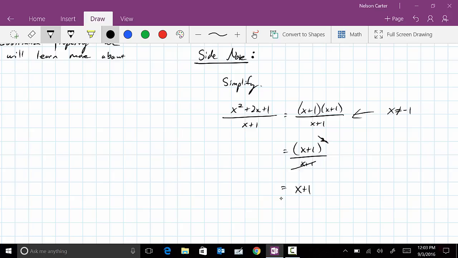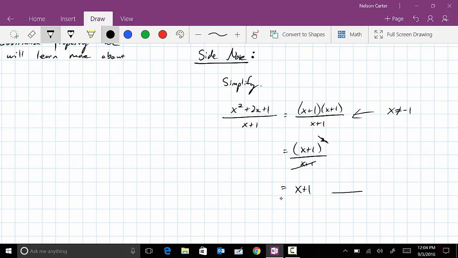Because if x is negative 1, then the bottom would become negative 1 plus 1, which is 0, and you cannot divide by 0. It's impossible. Never can you divide by 0.